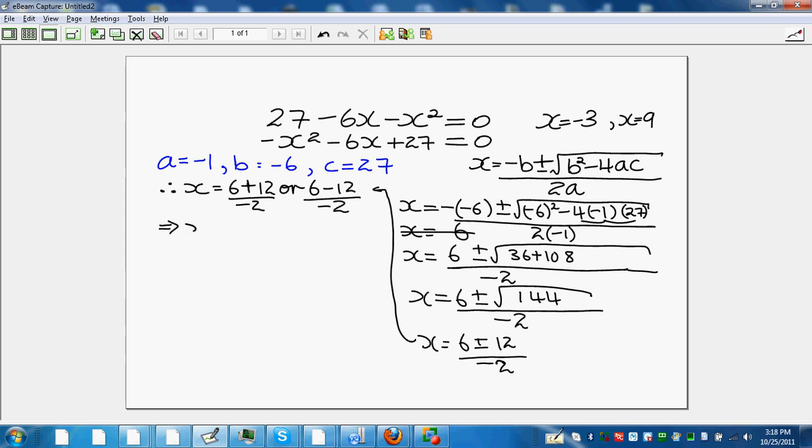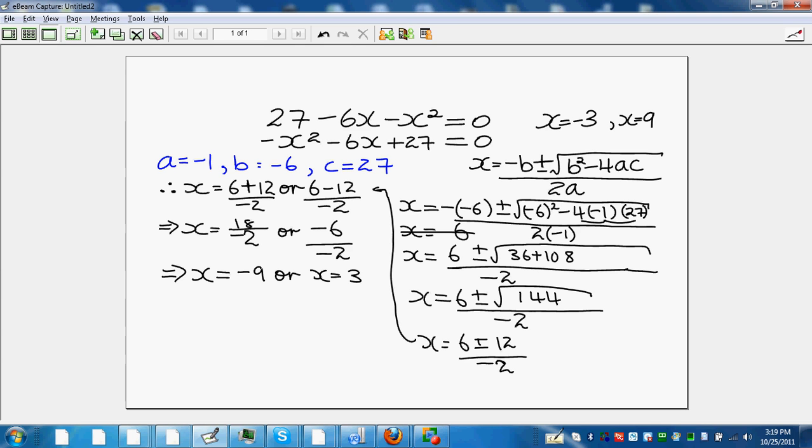That implies then that x is equal to 6 plus 12 is 18 over minus 2, or 6 minus 12 is minus 6 over minus 2. So we end up here with x equal to minus 9, or x equal to 3. Okay, so these are the solutions we get in here.